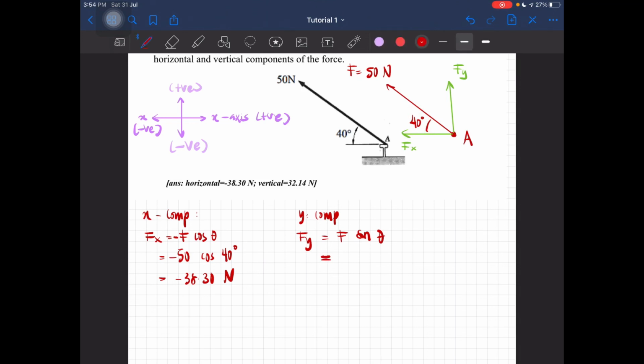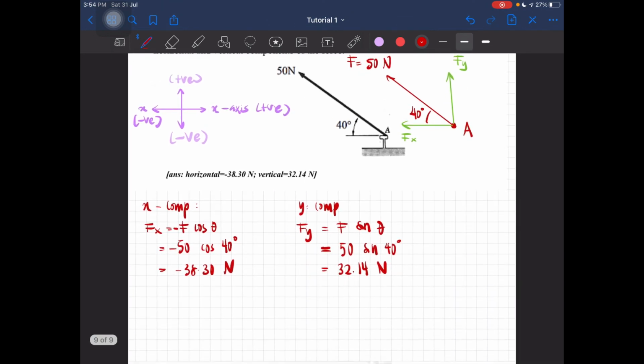Okay, so this one is going up, means positive, so it stays positive. We don't have to write anything. So 50 sine 40 degree. So you will then get 32.14 Newton. Okay, so that is the horizontal and vertical components of the force. Alright.